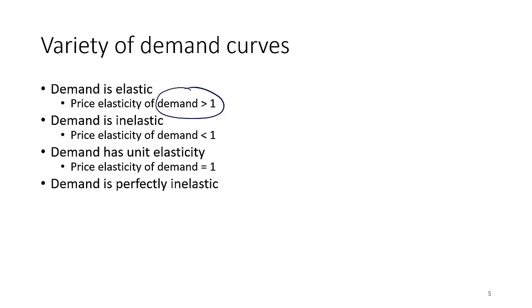Demand is perfectly inelastic if elasticity of demand is 0, which basically means the demand curve is vertical. That means if price changes, it has no impact on demand. Let me show you this.